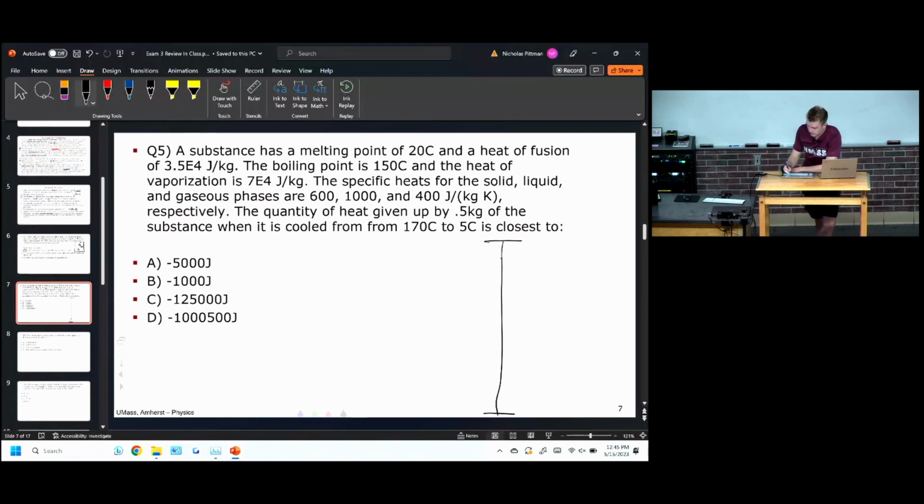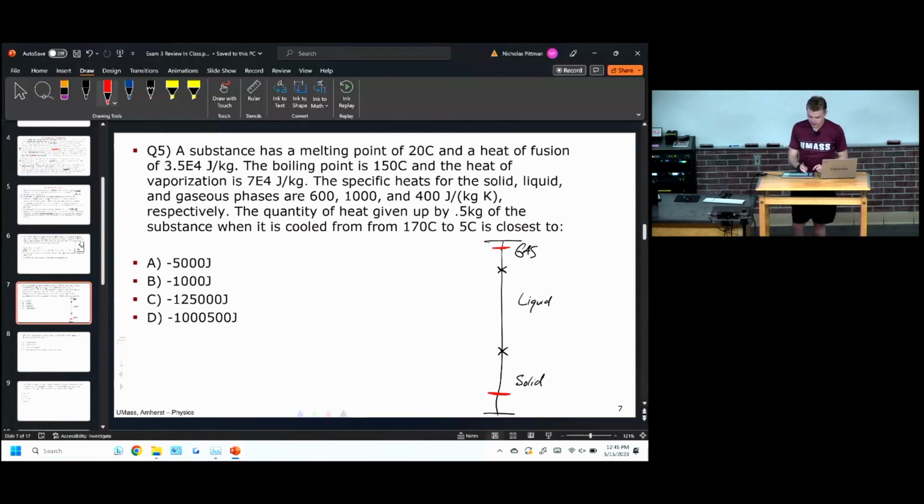So let's say the substance's boiling point is here. So it's a gas up here. It's a liquid in between, and then here is the freezing point down here, and it's a solid. You take a substance from an initial temperature here down to a final temperature here.